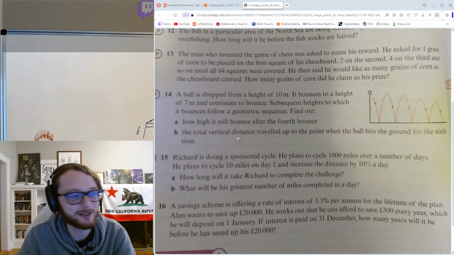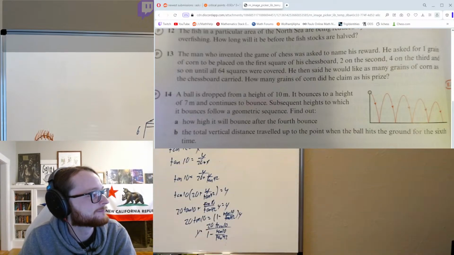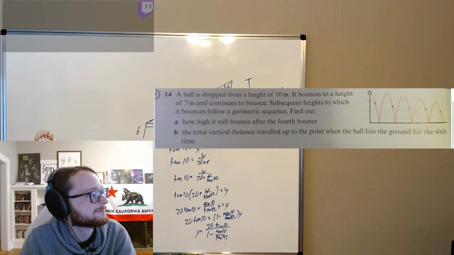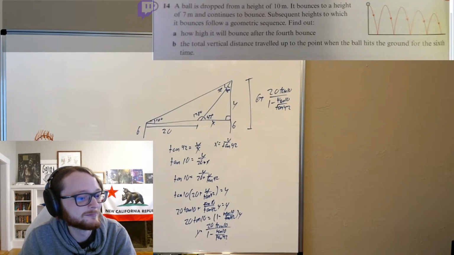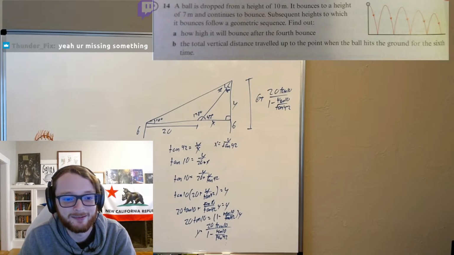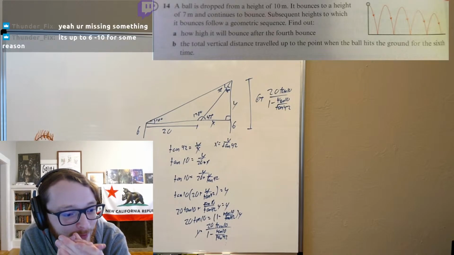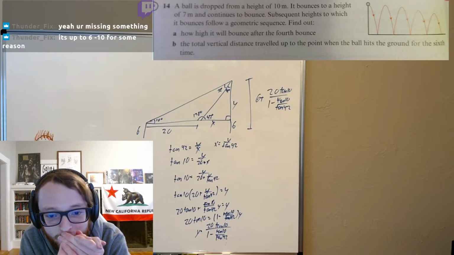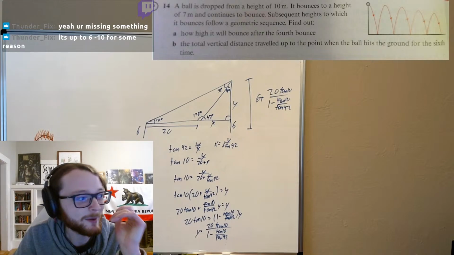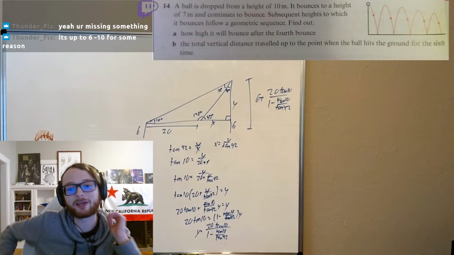Because we can actually draw this out, I guess. Total distance traveled. Do they mean literally traveled up? Like only the upward motion? Oh my god.